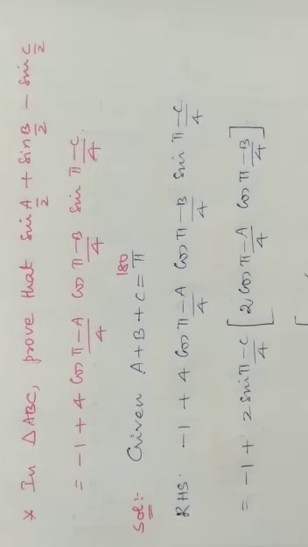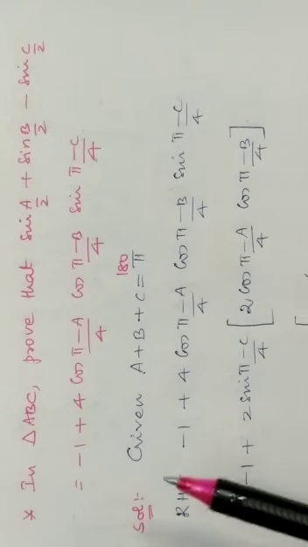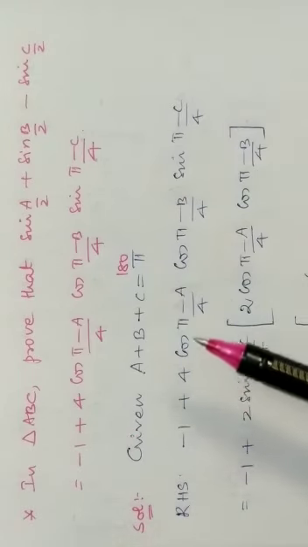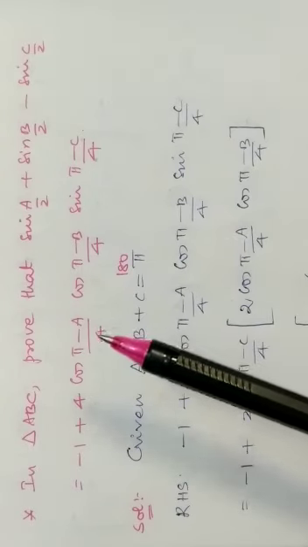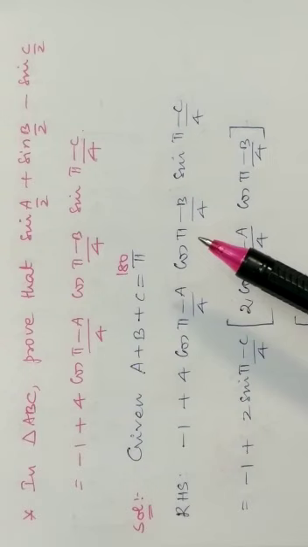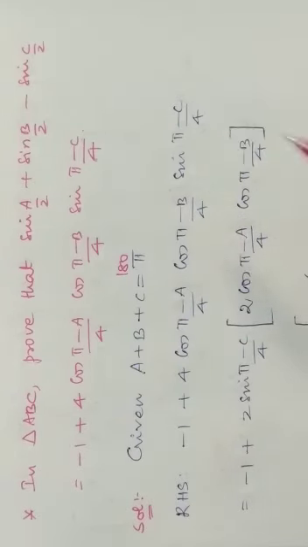So I will start the problem with RHS: −1 + 4 cos((π−A)/4) cos((π−B)/4) sin((π−C)/4).